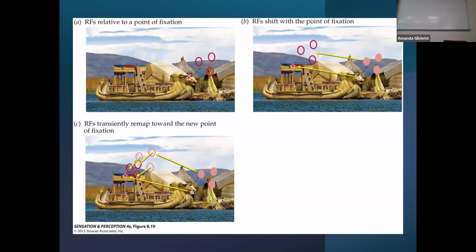Notice that in this case, they're slightly closer to the point of fixation, but this could be an opportunity to kind of correct for the change in space as we make that saccade toward the left. So there are a couple of different ways this can happen that have been theorized. And we probably do both of these.